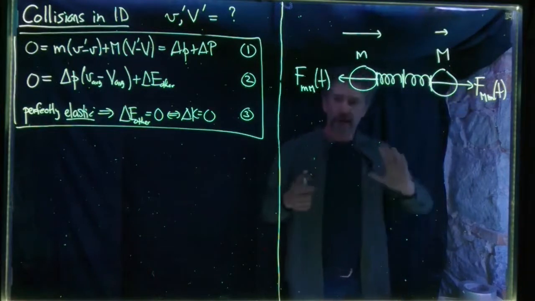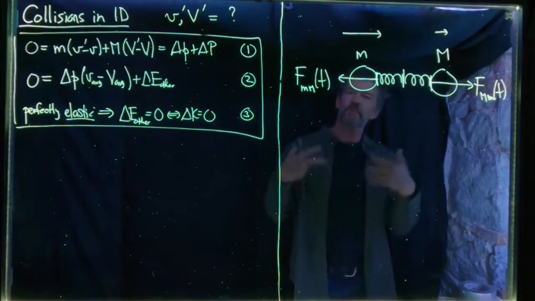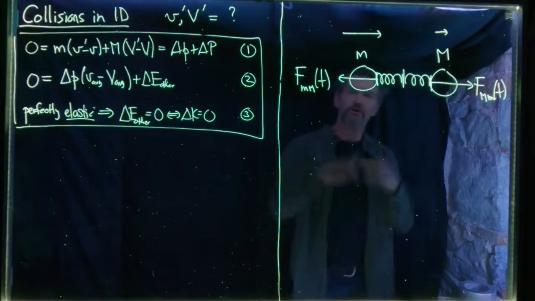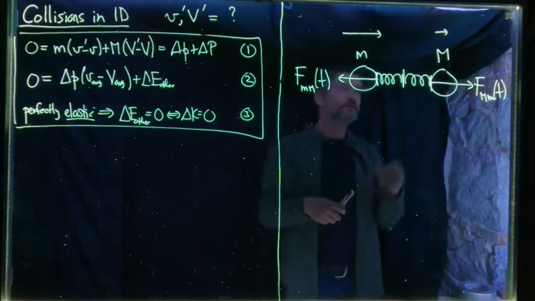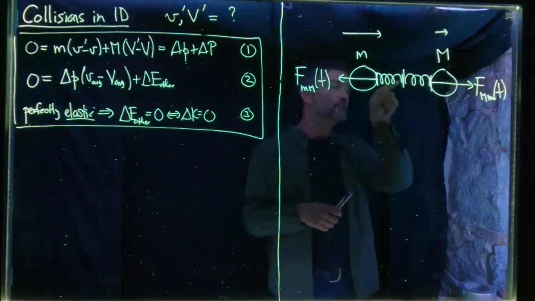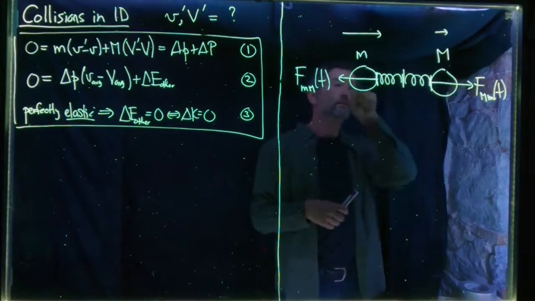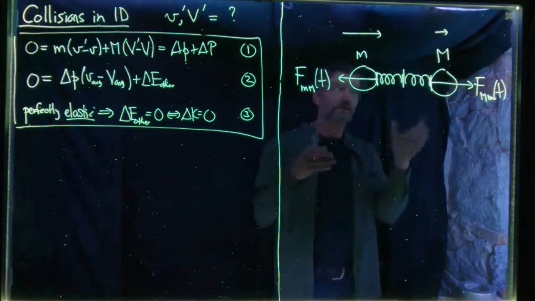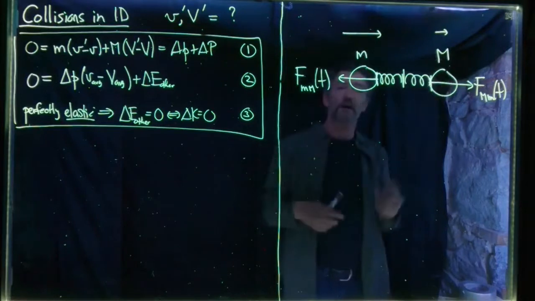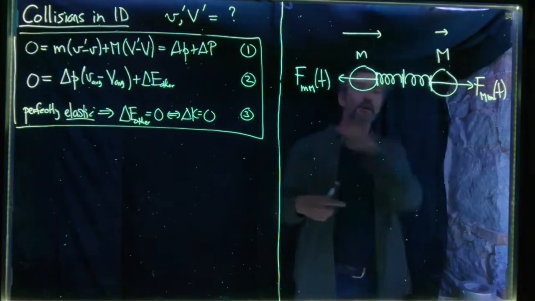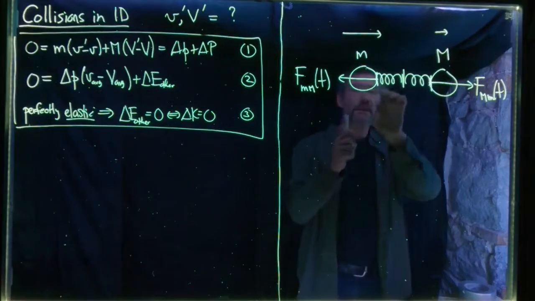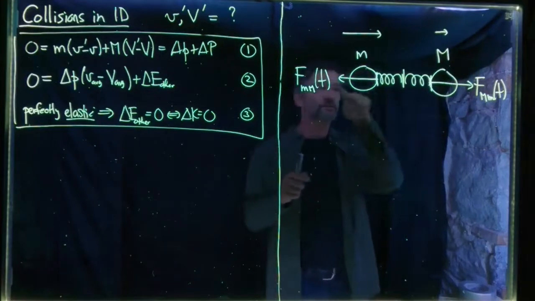And so that force acting over time transfers the same magnitude of momentum, but in opposite directions. So if this one gains a momentum of, say, +5, then this one will lose a momentum of 5. So this will go up by 5, this will go down by 5, and so the total momentum in that system remains the same, even though there's momentum being transferred from one object to the other.